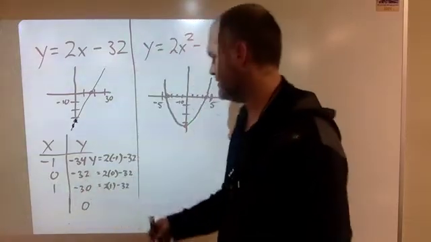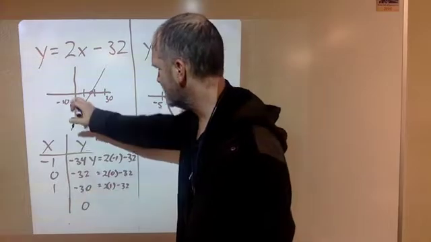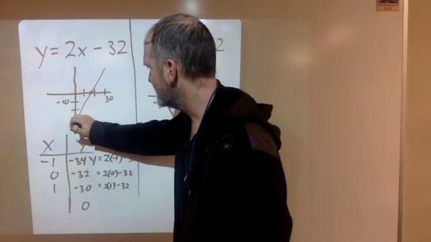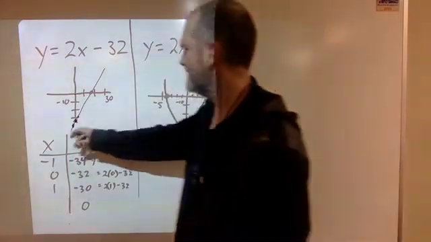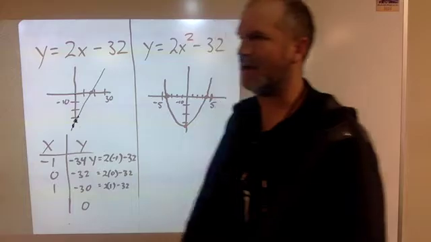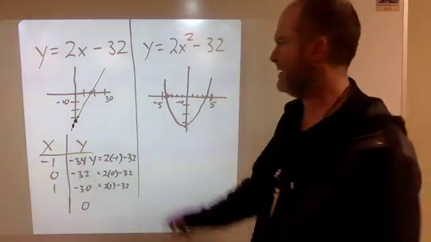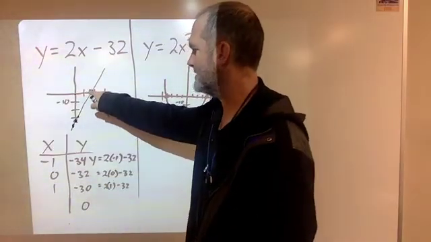Plug in a 1. You get 2 times 1 is 2. 2 minus 32 is negative 30. So at 1, negative 30, that's right about here. That's on the line. Now we could keep doing this forever. There's an infinite amount of points on this line. But there's one point that I'm really interested in, and that's the x-intercept. I want to know, where is that x-intercept?